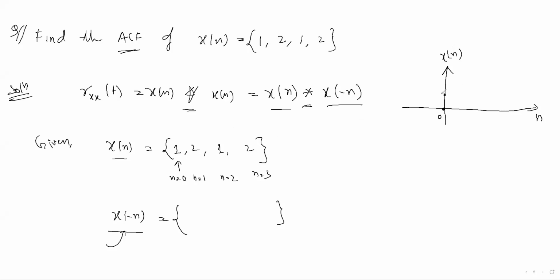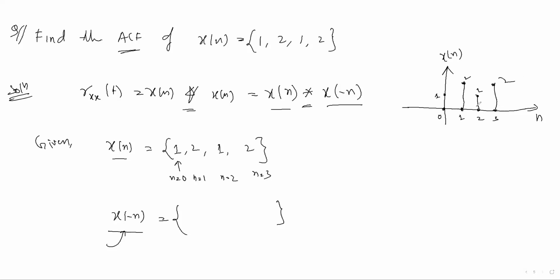At n equal to 1, what is the amplitude of x of n? It is 2. What is the value of the signal at n equal to 2? It's 1, so it is here. At n equal to 3, what is the value of the signal? It's 2. Again, it's spread.